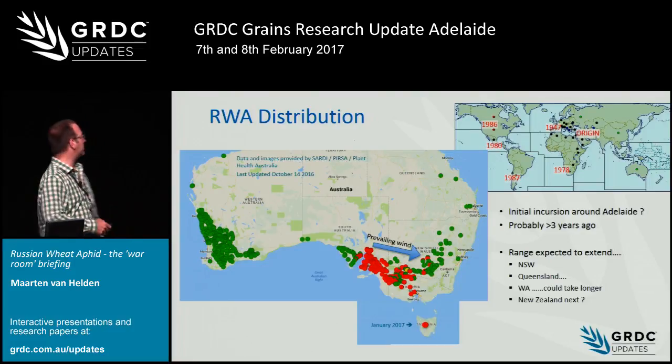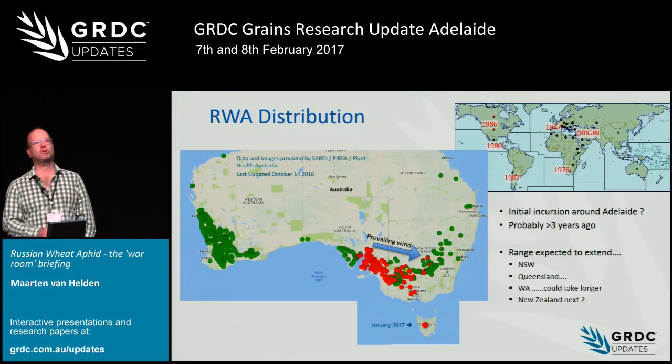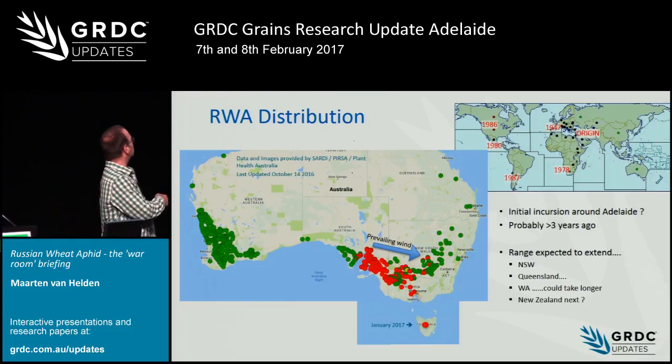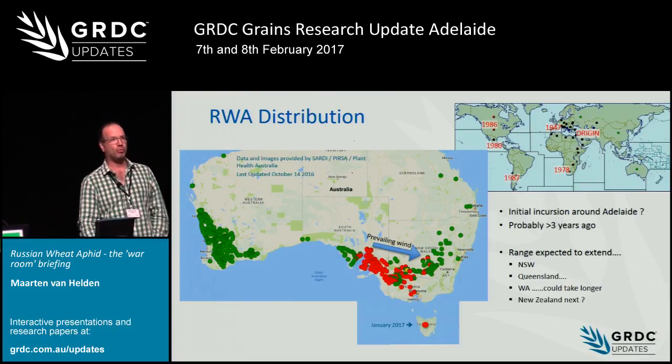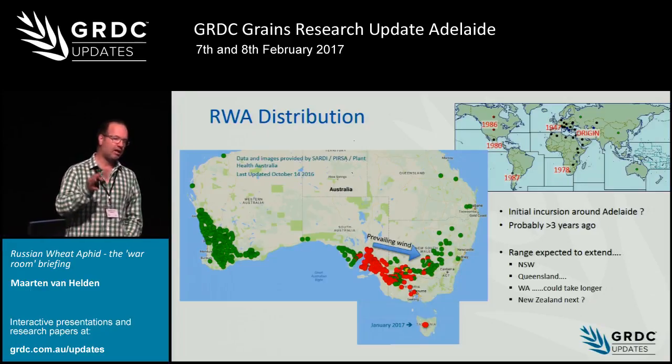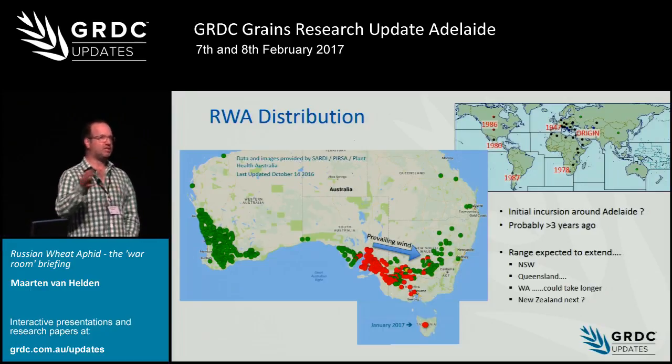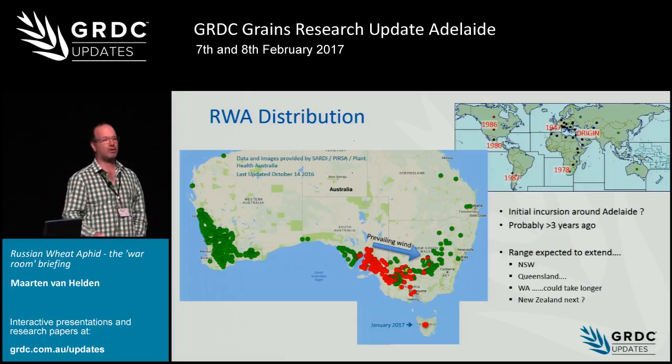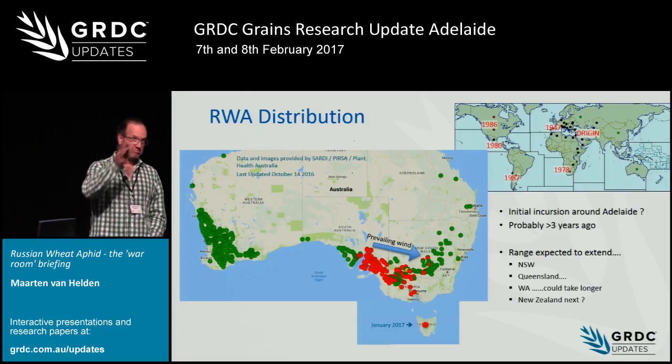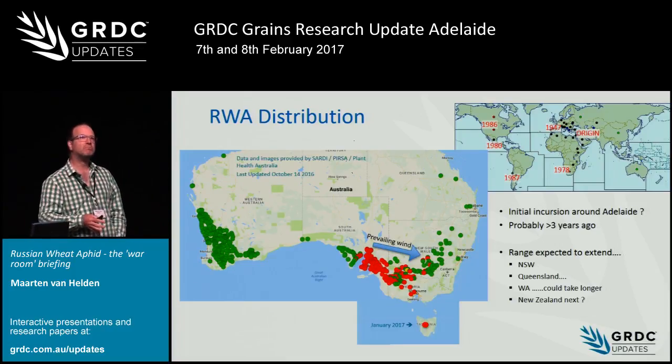And my guess is that New Zealand will actually be infested quite easily, because the aphids can probably be blown over by the wind. That is probably the main way in which these aphids will colonize, the prevailing wind, and that's why it looks as if they came in somewhere around Adelaide.